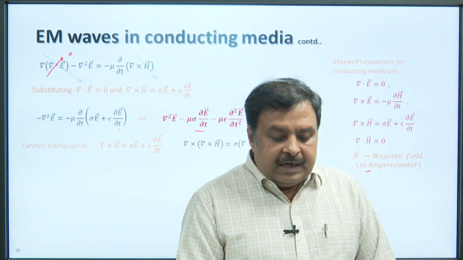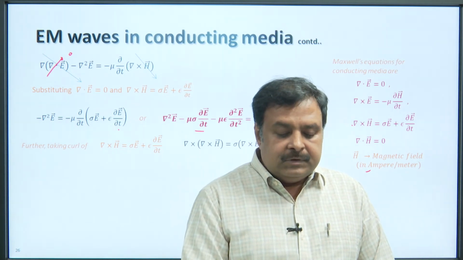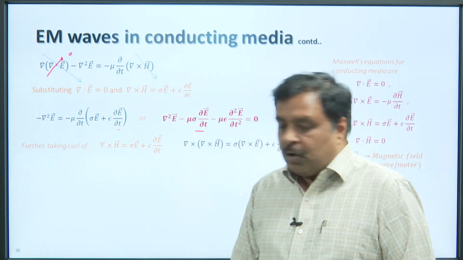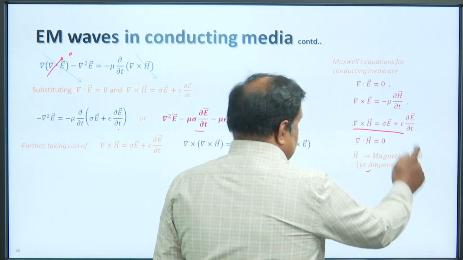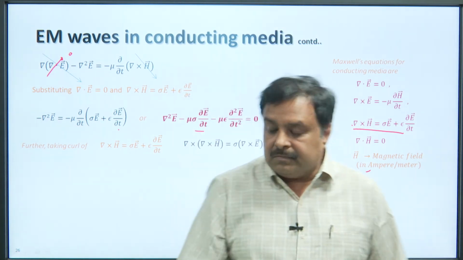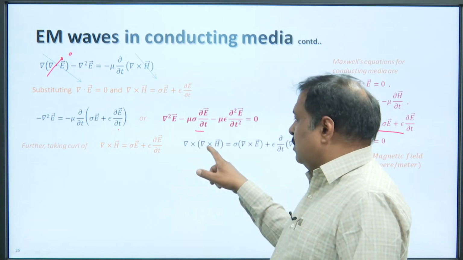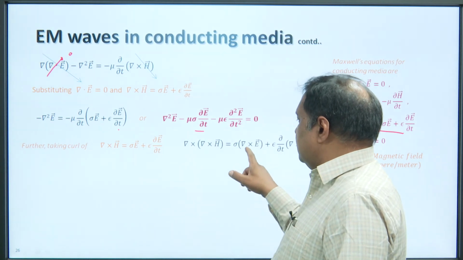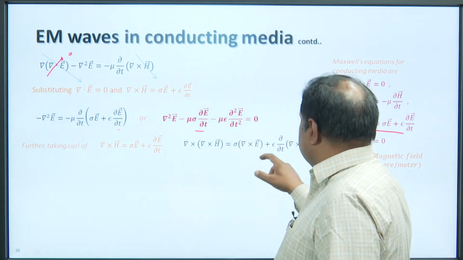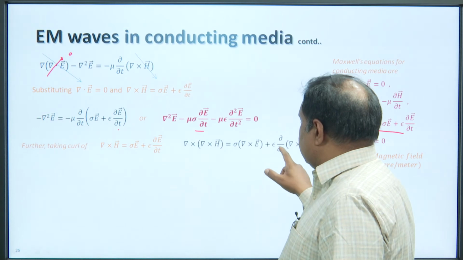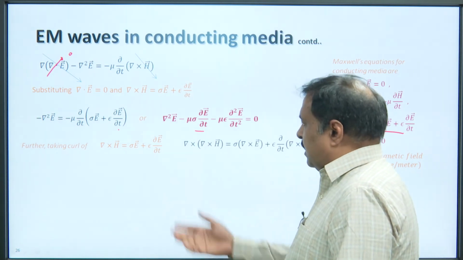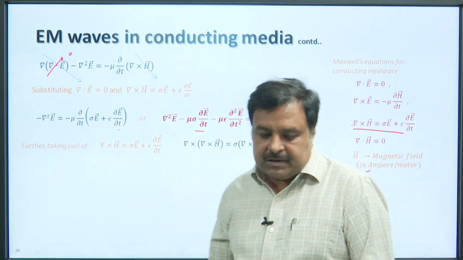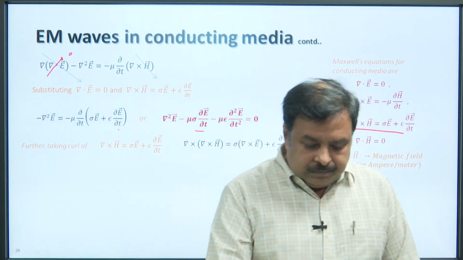So, if we take curl of modified Ampere's law, if we take curl of this equation, then we have del cross del cross H equal to sigma del cross E plus epsilon delta by delta T of del cross E. We have taken curl of the whole equation.